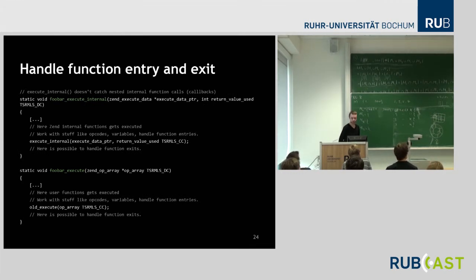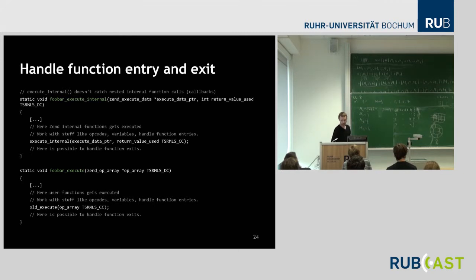These functions are responsible for handling function entry and exit. The first one, foobar_execute_internal, is the function that would hook, so to say, internal PHP functions. Foobar stands just for an arbitrary PHP extension, and what it can do is dump opcodes, dump variables, and handle function entries for internal PHP functions.